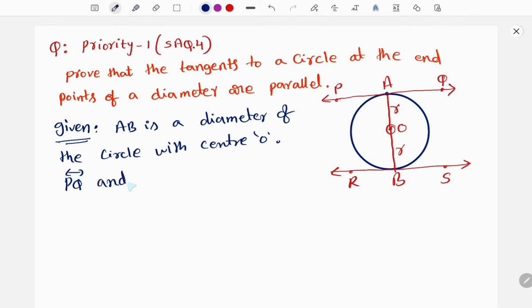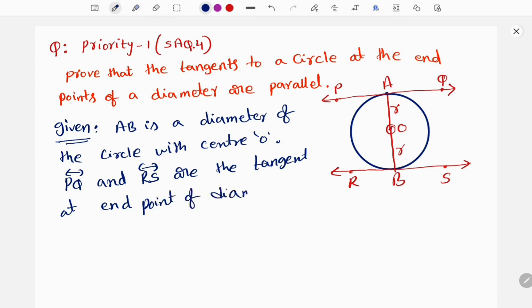PQ and RS are tangents at the end points of the diameter.